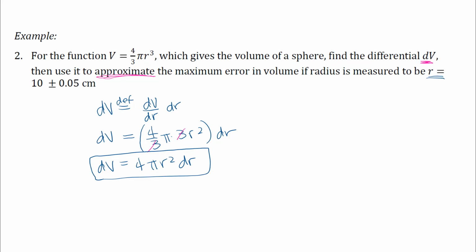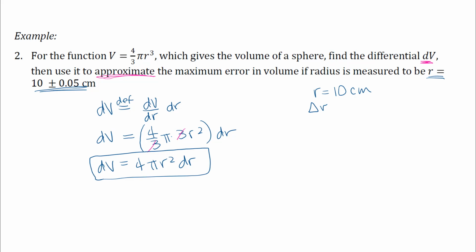All right, so I want to talk a little bit here about this measurement on the radius. So the idea here is that when you measure things, there's always measurement error that has to do with the precision of your measuring instrument. So this idea here would be that I've measured the radius to be 10 centimeters. But there is a measurement error, possibly because of the precision of my instrument, of plus or minus 0.05 centimeters.